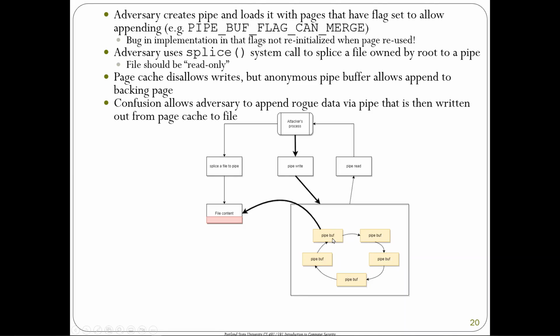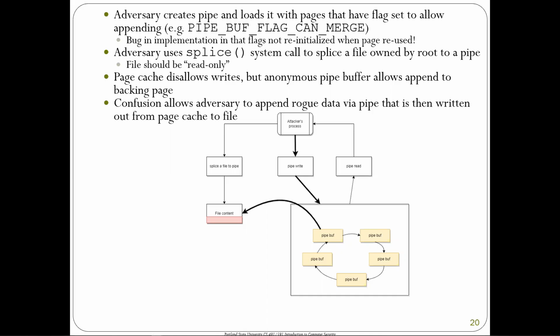And because this was set to append, this actually makes that page cache, or poisoned page, get written out to the actual original file. And so this is a file owned by root, and you've been able to modify it directly as an unprivileged user. So at the highest level, that's the exploit in the lab for this week.